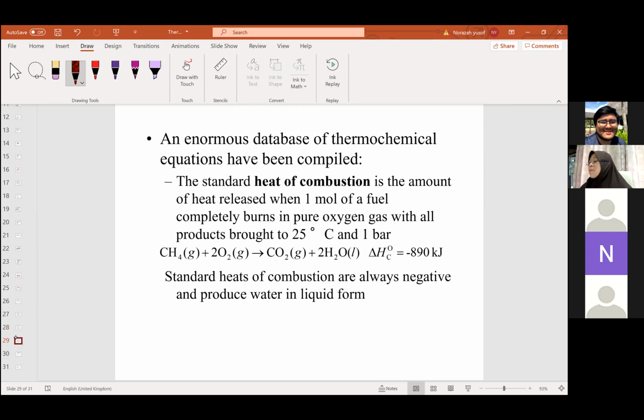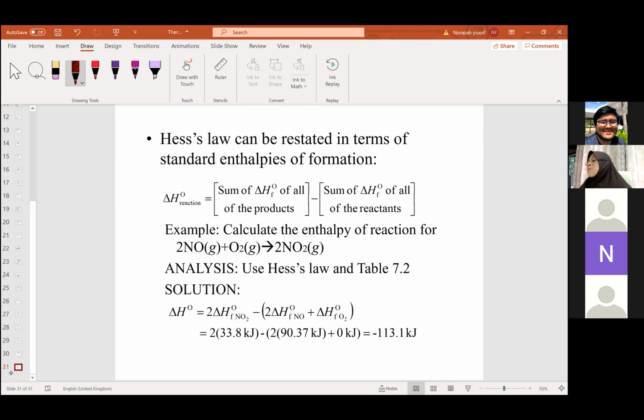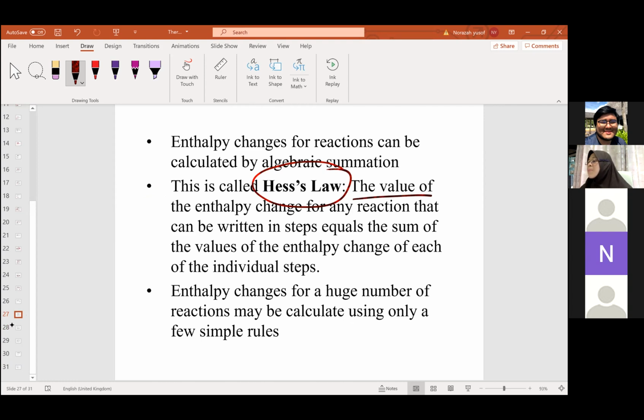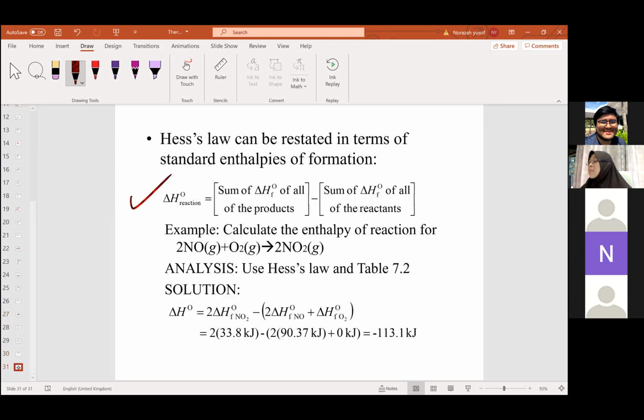This is Hess law, in equation form, but in definition form: the value of enthalpy change for any reaction that can be written in steps equals the sum of the values of the enthalpy change of each individual step.